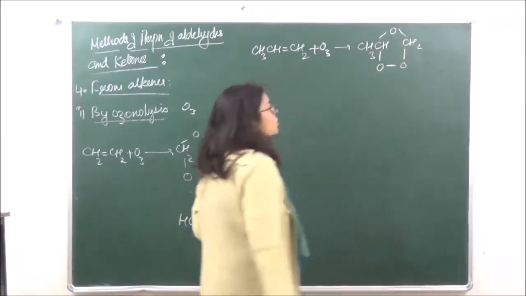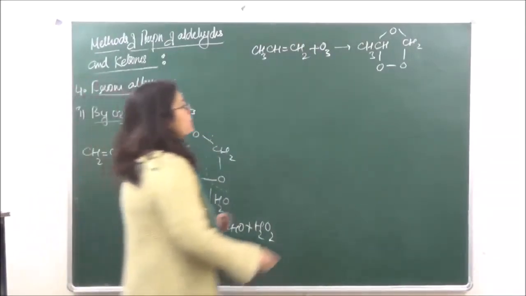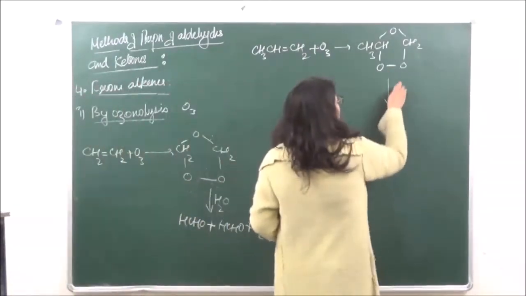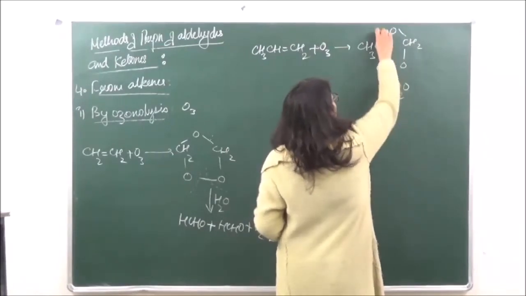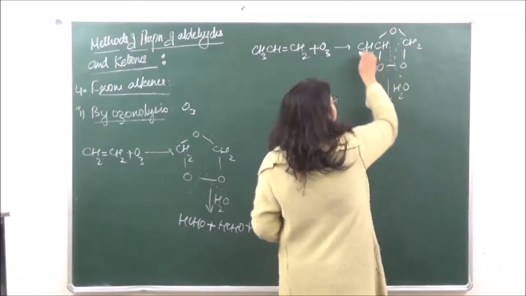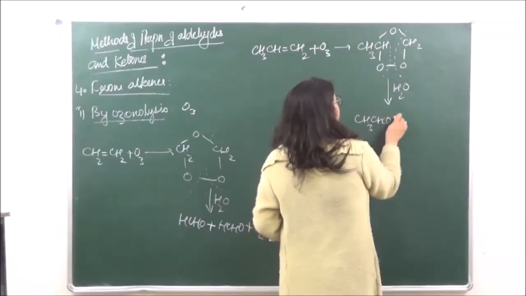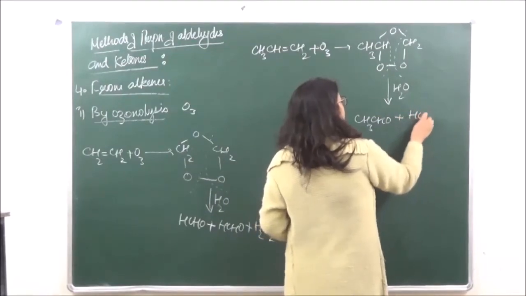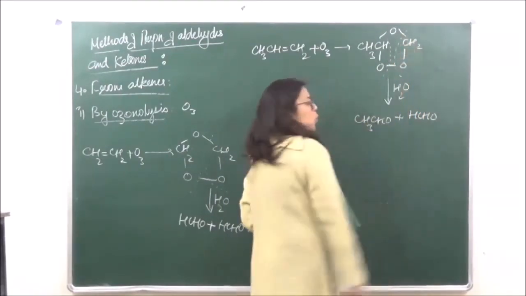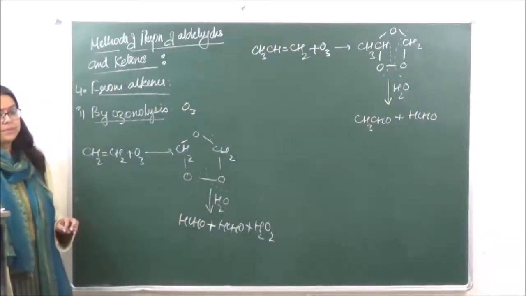This molecule is known as ozonide. Then on reacting this with water, there is going to be a cleavage of the bond from here and here, such that we have CH3CHO plus HCHO. So we are going to get two different aldehydes over here.